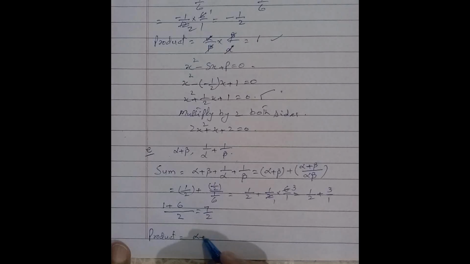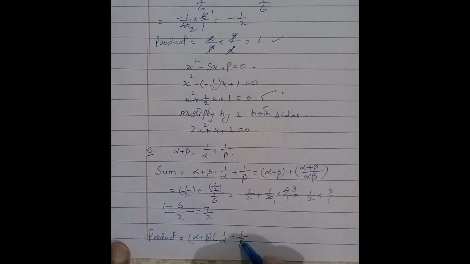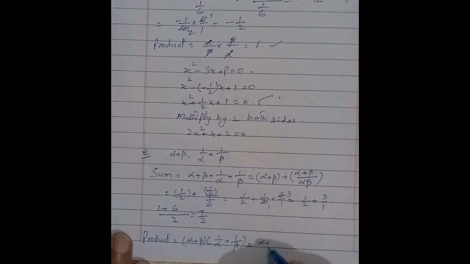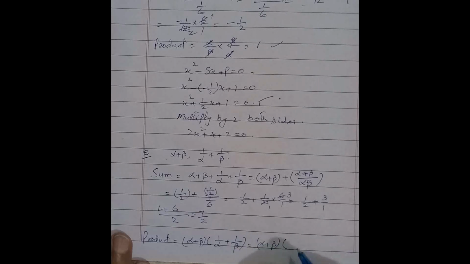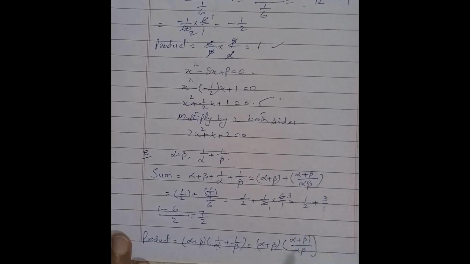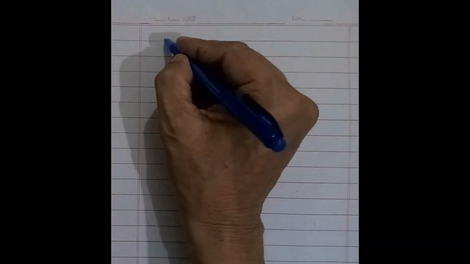And now we find the product, which is equal to alpha plus beta into 1 over alpha plus 1 over beta. Now simplify them. Alpha plus beta into, take LCM of alpha and beta, we get alpha beta, and the numerator is alpha plus beta. Now we put the values of alpha plus beta over alpha beta.